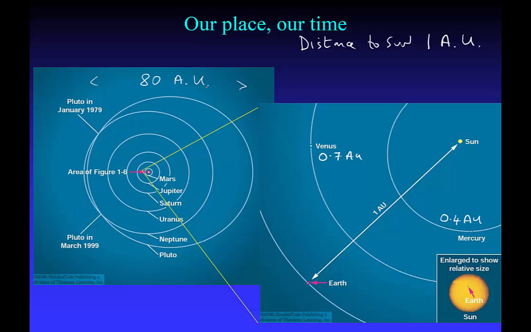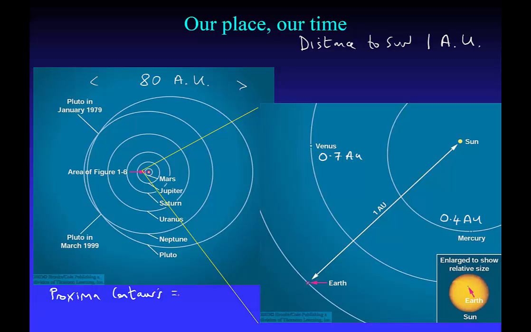Now, whenever you're dealing with really, really large distances, even astronomical units are not very useful. For instance, if you take the next star out from the sun, a star called Proxima Centauri, it's the next nearest star. It is a whopping distance away.